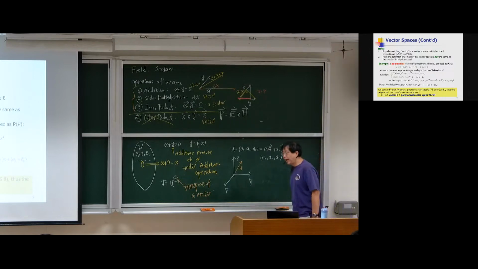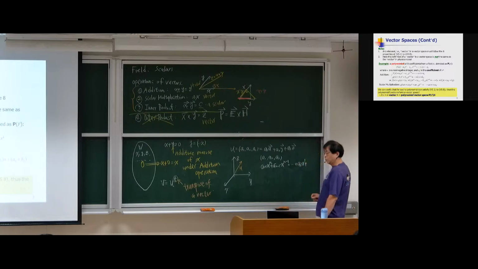With the same idea, if I have an n-degree polynomial, a_n times x to the power of n plus a_(n-1) times x to the power of n minus 1, etc., plus a_1 times x plus a_0 times x to the power of 0, we can consider each power of x as an individual axis in an n plus 1 dimension vector space.